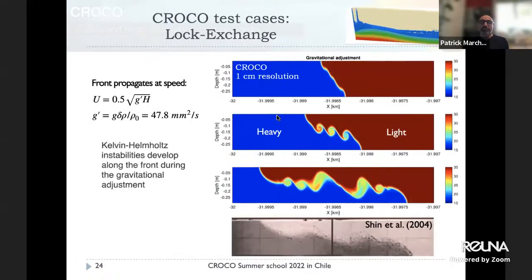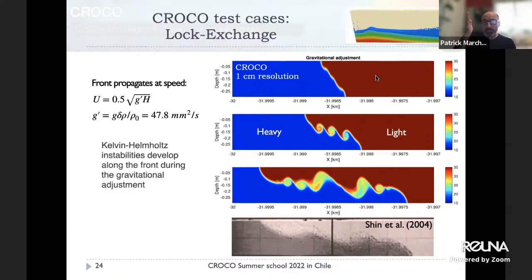Another way to produce Kelvin-Helmholtz instabilities is using the lock exchange experiment. It's very similar to what we've seen before with the tank, except that this time you have the heavy fluid to the left and the light fluid to the right, and at the beginning they are separated by a wall.